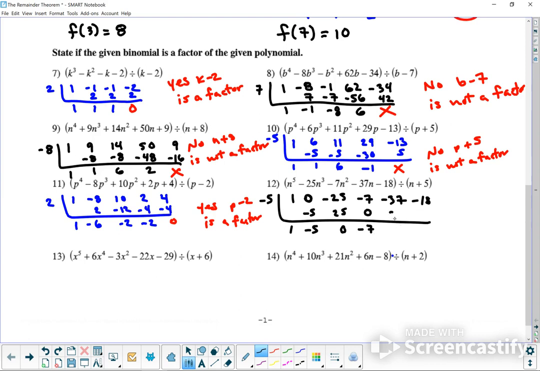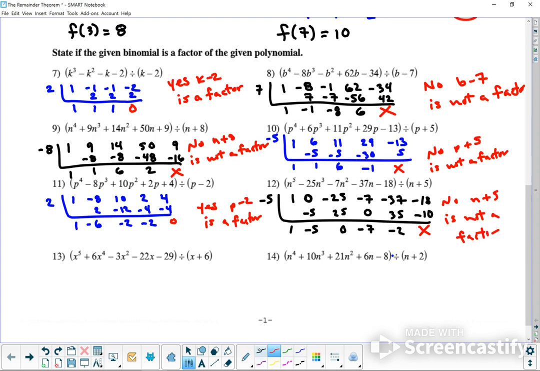Add it, 35. Right. Add it, you get negative 2. Negative 5 and negative 2 is negative 10, which is negative 28, which is not a remainder of 0. So no, n plus 5 is not a factor.